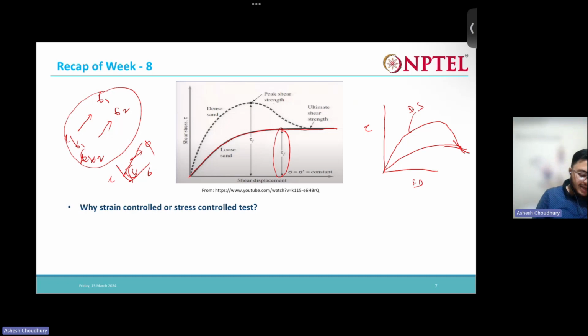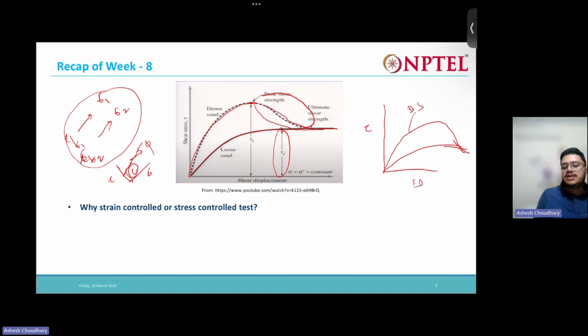Alright, and for dense sand you can see we get two values: one is the peak value and one is the ultimate value. This is the trend in case of dense sand. In order to get this part of the curve, we generally have to do a strain control test.